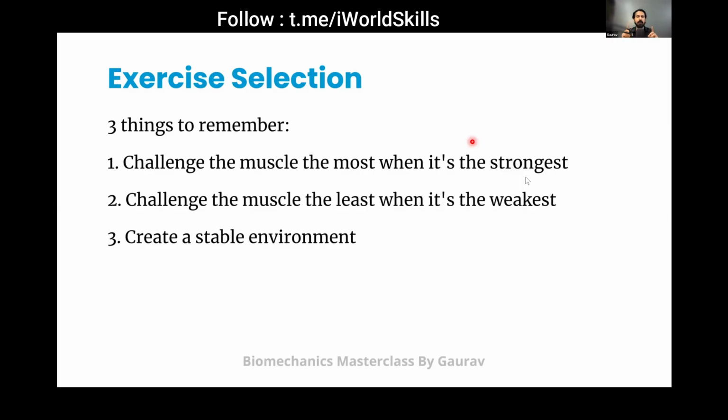But that doesn't mean that the standing overhead dumbbell press is wrong. This is not about right or wrong. This conversation is about creating more output from your target muscle. And if that's your goal, you will have to exercise in an externally stabilized setup. As simple as that. Now, let's get back to these 2 points.